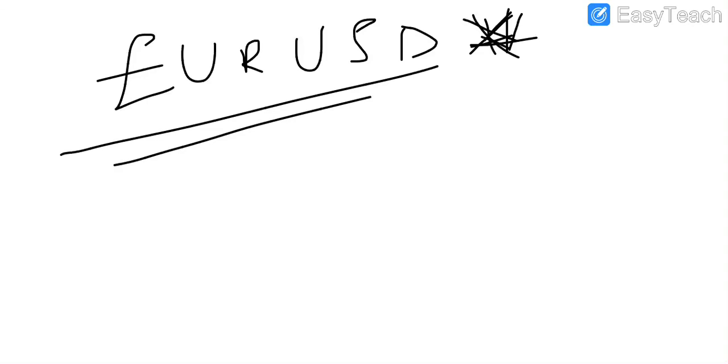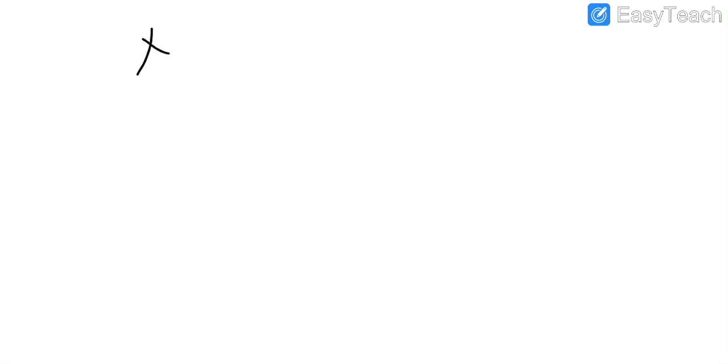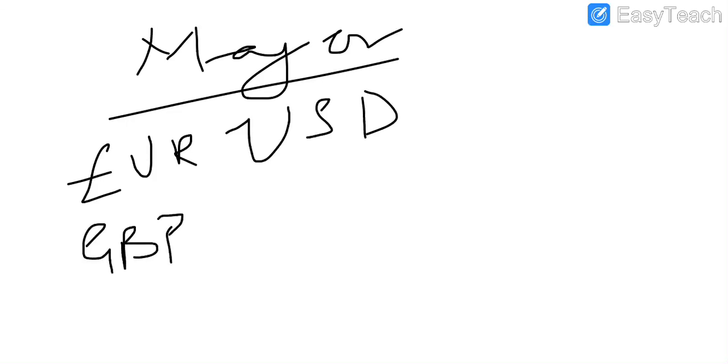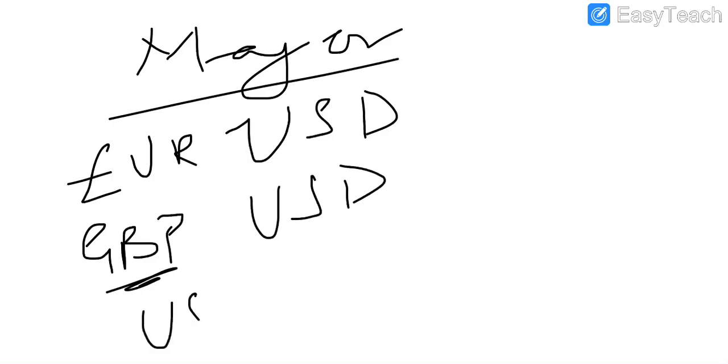Another group we should look for is the major currency pairs. We have euro USD. We have GBP, pound sterling, against the US dollar. We have the United States dollar against the Canadian dollar, USD CAD.